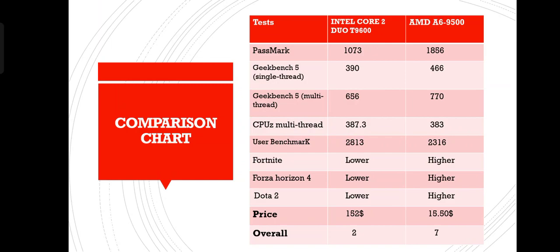Also, for the overall remark, the Intel Core 2 Duo T9600 only got 2 out of the 9 tests in the chart compared to the AMD A6-9500. The Intel Core 2 Duo is way inferior to the AMD A6-9500, because the A6-9500 got 7 out of 9 among the tests that I have conducted.